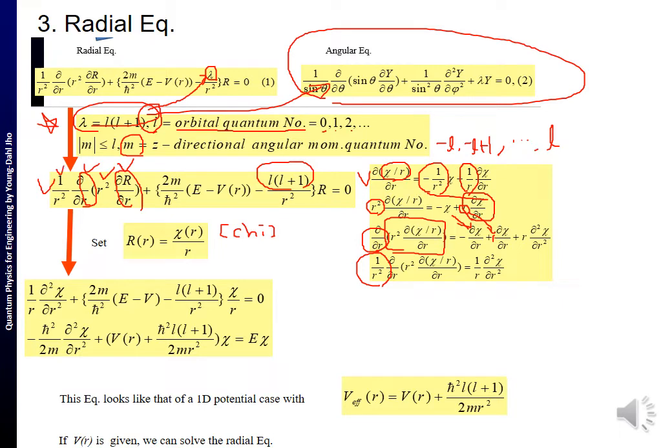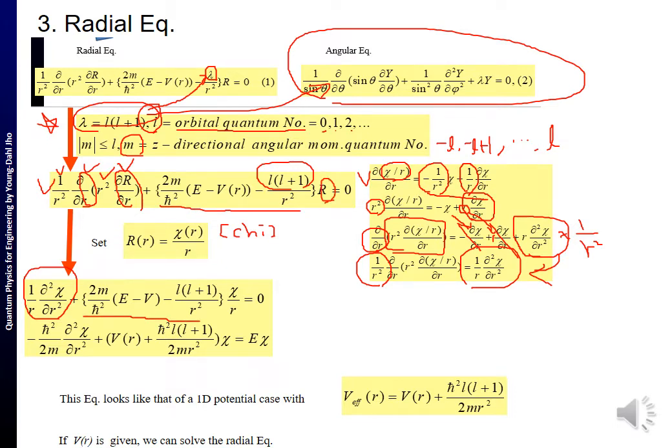Then we have this one, because the minus and plus parts subtract with each other. Then we multiply by 1 over r square, right? Then we have this 1 over r round square chi round r square. So it is replaced by this one, and the others are just the same, and capital R is replaced by chi over r.